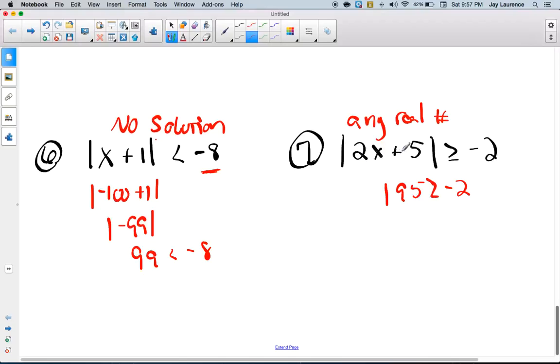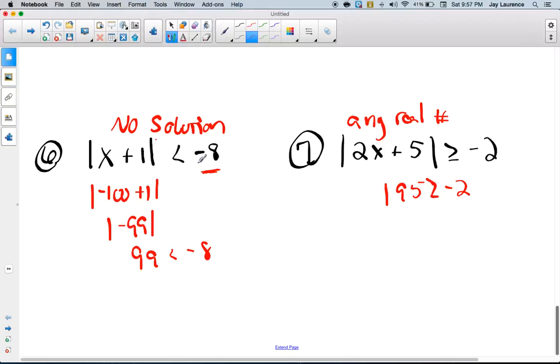Pi, negative a googol, 2,365,000.1457612, the square root of 10, any number. But on number 6, there's not one number in that entire infinite number line that will allow this inequality to be true.